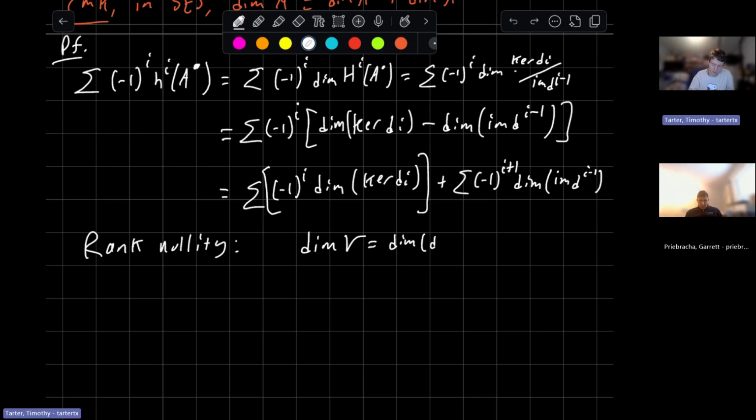Or no. Rank-nullity, adjacent. My linear algebra teacher is probably looking down on me right now.